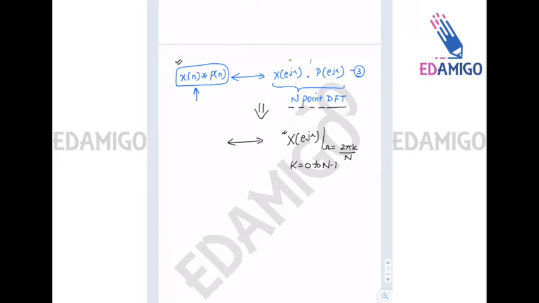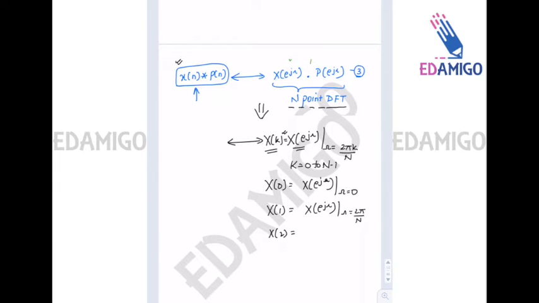So I can say that X[k] is equal to X(e^{jσ}), where σ equals 2πk by N. So X[0] is equal to X(e^{jσ}) where σ equals 0. Similarly X[1] will be X(e^{jσ}), σ equals 2π·1 divided by N, where k equals 1.